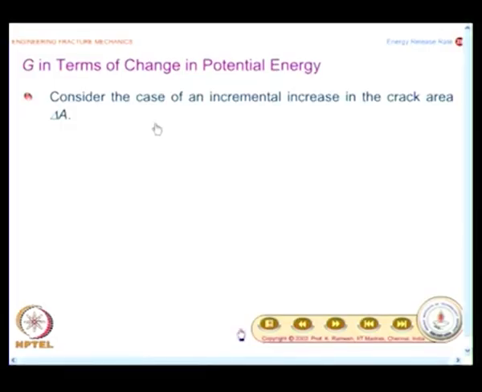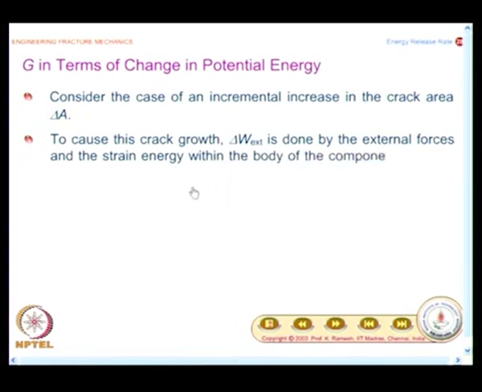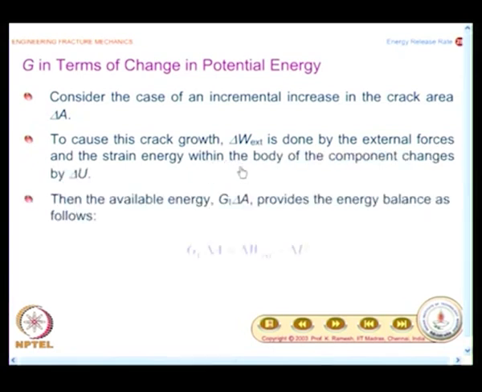Either it could be of that category or a plate with an edge crack. And what we would look at is the crack has an incremental increase in area, given by delta A, and we want to find out how this could be related to the work done or strain energy and the energy release rate.